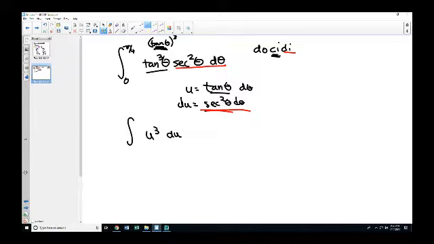Substitute. Okay, this is very handy, right? You have a lot of power rule integrals here. How do you want to deal with these? The first one. Okay, so if u is tangent at 0, remember tangent is sine over cosine. What's sine at 0?